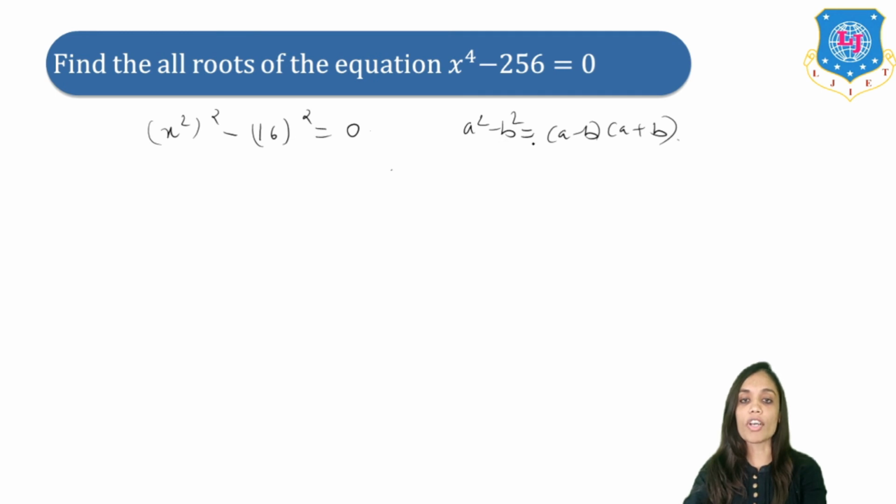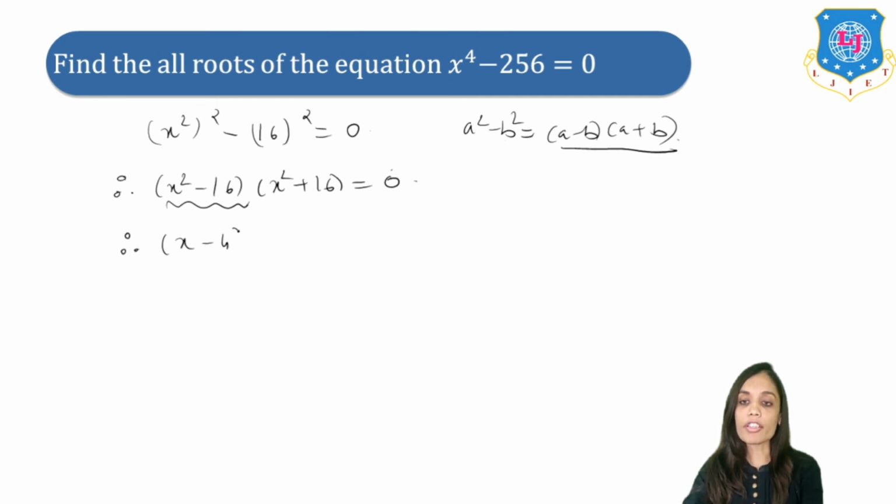So from this, our value of a is x square and b is 16. So I can write this as (x square minus 16)(x square plus 16) equals 0, right? Now I can factorize these further again using these formulas. So our factors are (x minus 4)(x plus 4). This x square plus 16 cannot be simplified further.